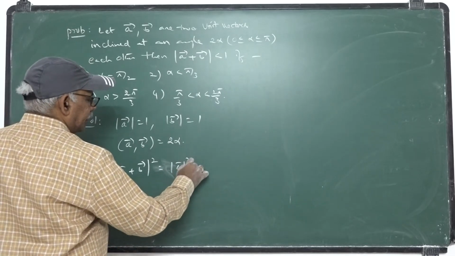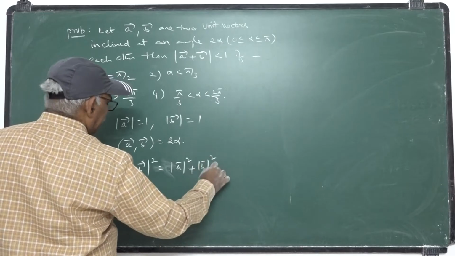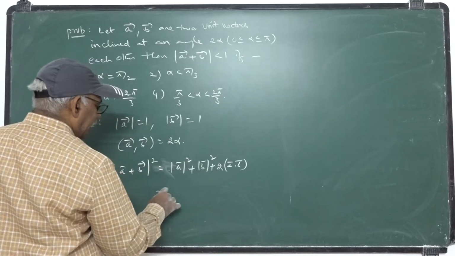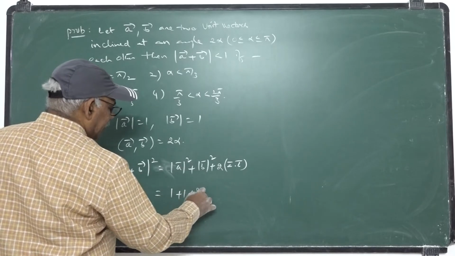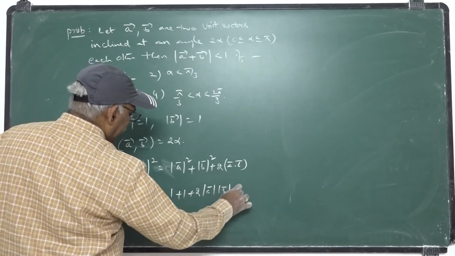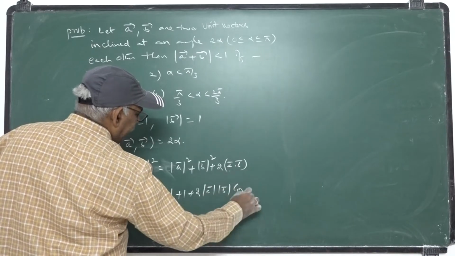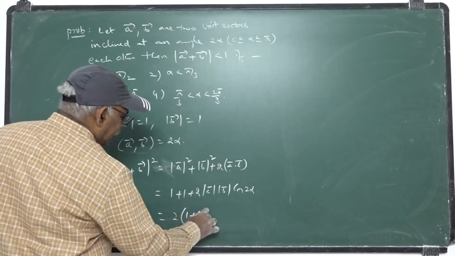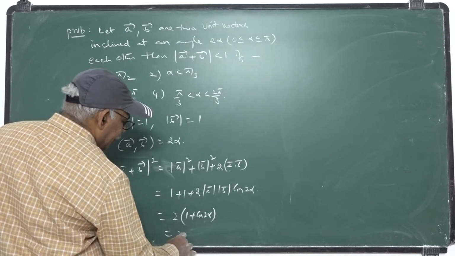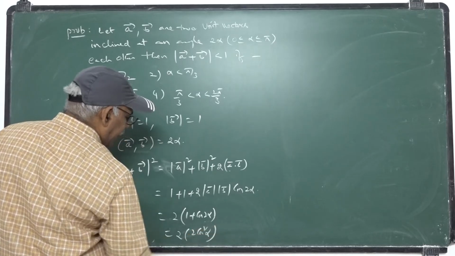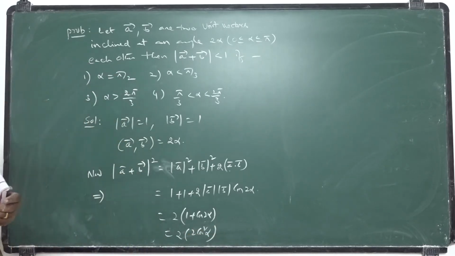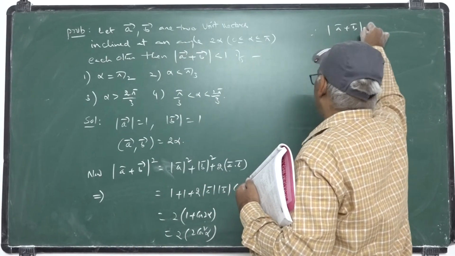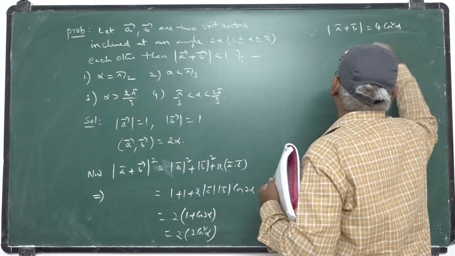This is mod A square plus mod B square plus 2 A bar dot B bar. This is 1 plus 1 plus 2 mod A bar mod B bar cos of the angle between A and B, which is 2 alpha. That is twice of 1 plus cos 2 alpha. This is 2 cos square alpha. Hence, mod A bar plus B bar square is 4 cos square alpha.